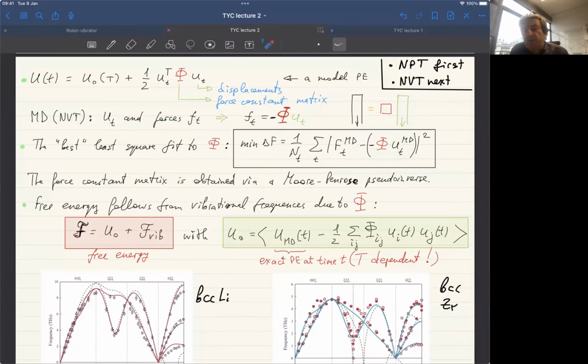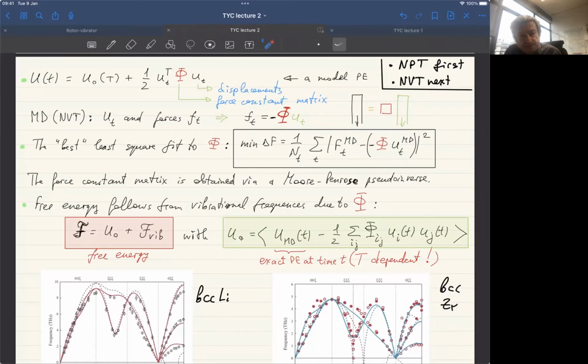So you will have, during the course of your molecular dynamic simulation, a large number, depending on how many molecular dynamic steps you would take, of vectors of atomic displacements, U, and vectors of atomic forces, F. And for each of those steps of molecular dynamics, you would imagine that there must be some linear relationship between the forces and atomic displacements. And that linear relationship is established on average by this matrix phi, the force constant matrix.